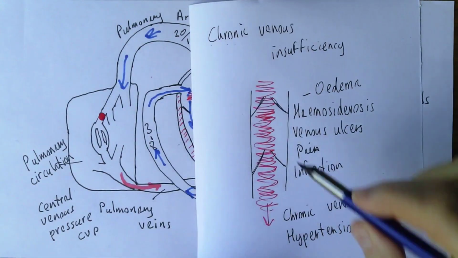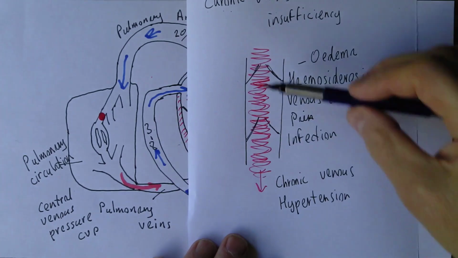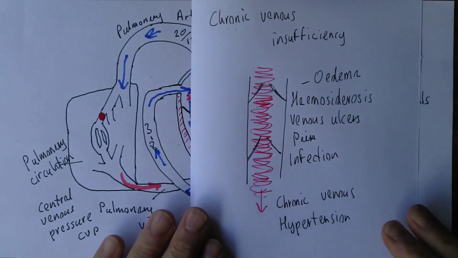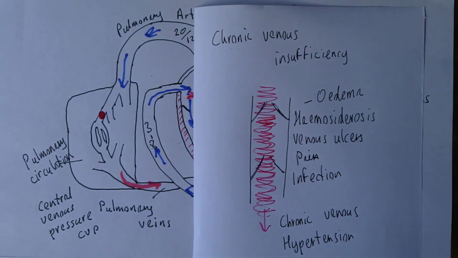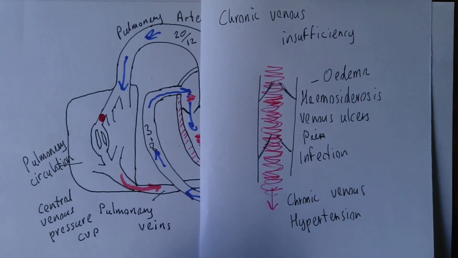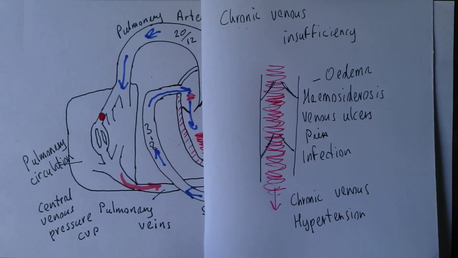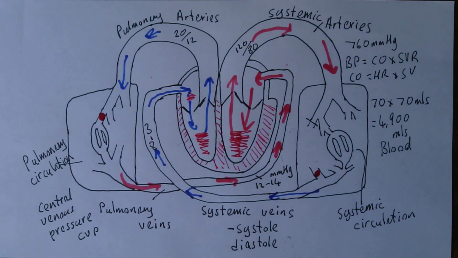In fact, venous congestion is painful anyway, especially after exercise, because the limb becomes over-engorged with blood. So, chronic venous insufficiency causing backlog of blood, particularly into the legs.